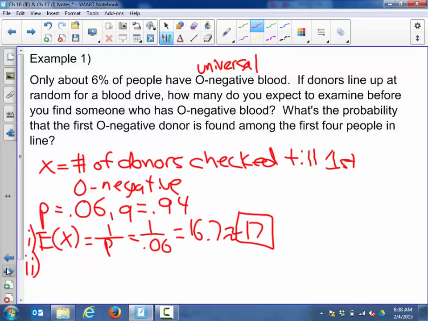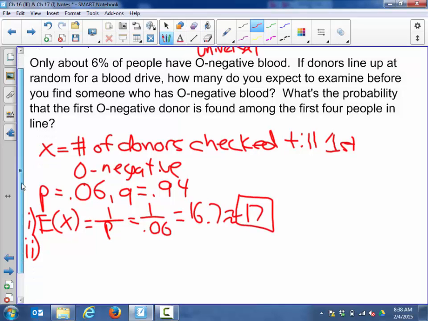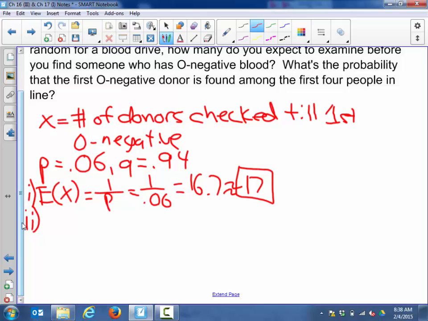Second chunk here, they want to know the probability that the first O-negative donor is found among the first 4 people in line. Now they're asking a very different type of question. They want to know the probability that X is less than or equal to 4. That is to say that your first success is your fourth, third, second, or first person checked.